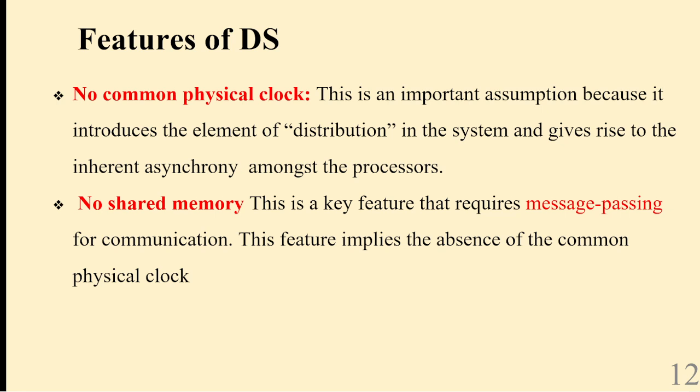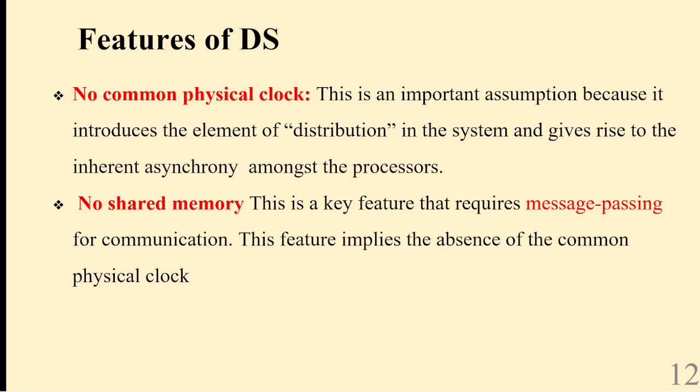Now, coming to the features, or the characteristics, of a distributed system. First of all, as I told you, there is no common clock. Let us take another example. Imagine there are two friends, each of them having a watch, and one's watch says 10:01 a.m. and the other one's watch says 10:02 a.m. Can we say which one is correct?